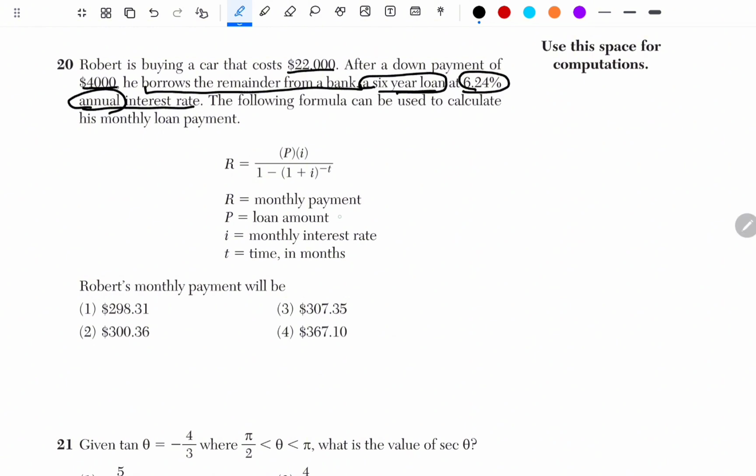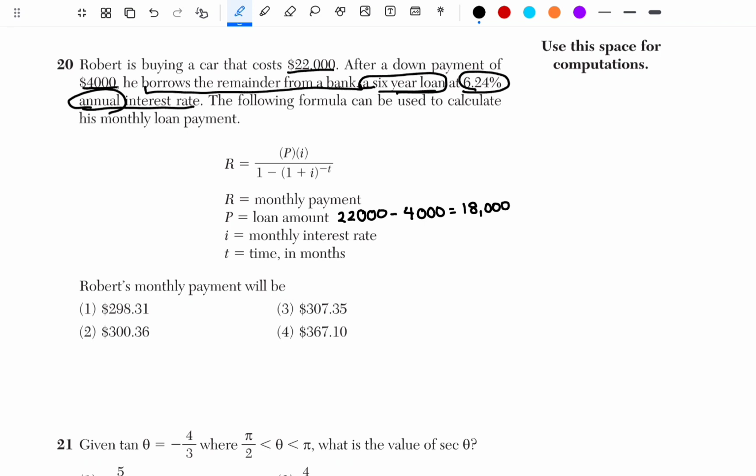The loan amount: the car costs $22,000. He does a down payment of $4,000, and he borrows the remainder from a bank. Well, that means that he's borrowing $18,000 from the bank. Now, the monthly interest rate. Well, it says that we are at 6.24% annual interest rate.